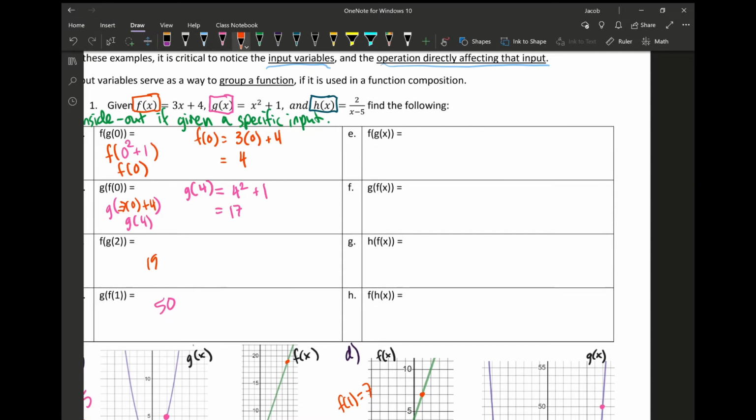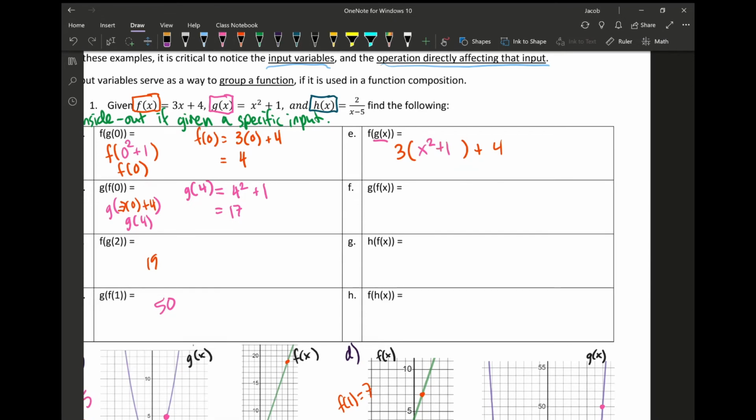So f is my outside function, and I'll be writing 3, leave a gap for my variable, because we know our variable is not x. This used to be x, but it's not. This has to be g of x, because that's what we're told in our composite equation. So this has to be x squared plus 1.